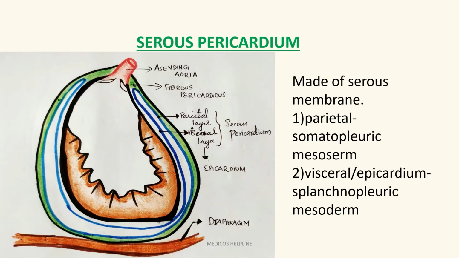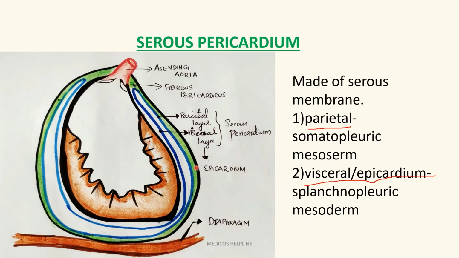The serous pericardium, as we saw previously, has two layers. One is the parietal layer, which is the outermost layer, and the visceral layer or epicardium. The parietal layer, which is the outermost layer, is in contact with the fibrous pericardium.